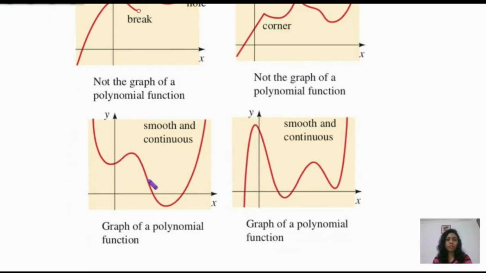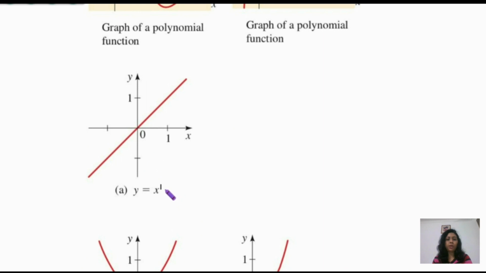And here, can you see this is smooth and continuous, so this is a graph of a polynomial function. Here no break, no hole, no corner, no cusp. When the degree is 1, the graph is a line.